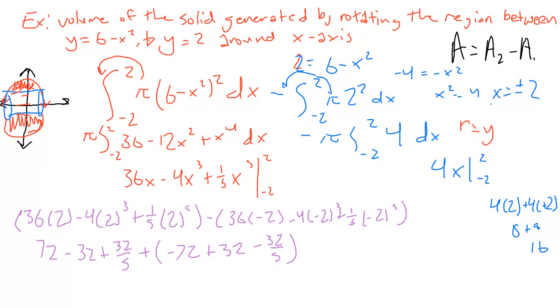So then we can just go ahead and distribute this negative. So we're going to get 2 times 72 minus 2 times 32 plus 2 times 32 over 5. So we're going to get 144 minus 64 plus 64 over 5.